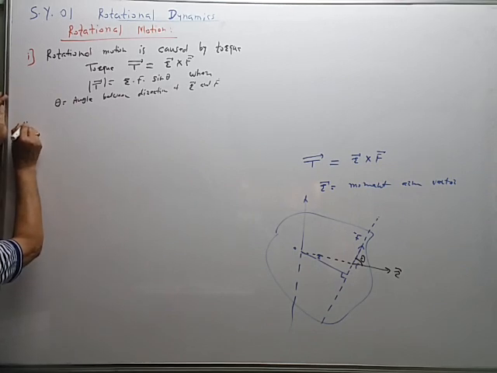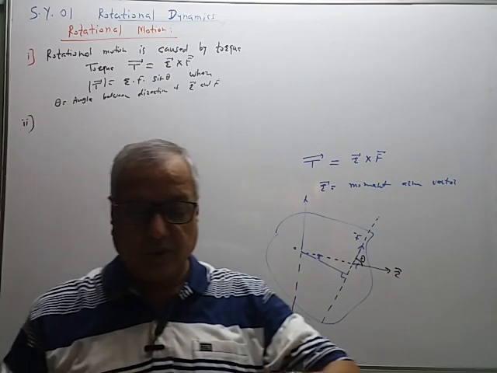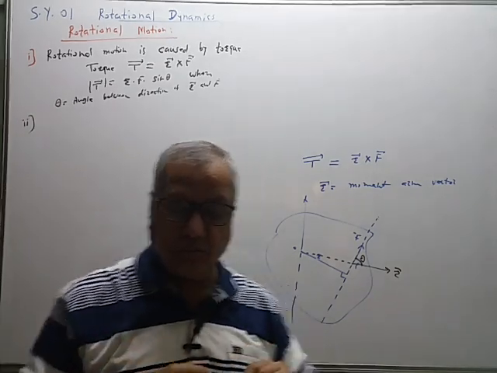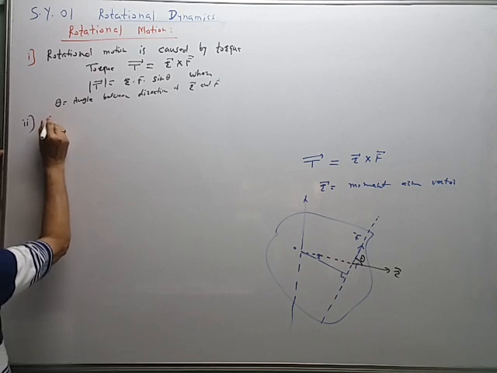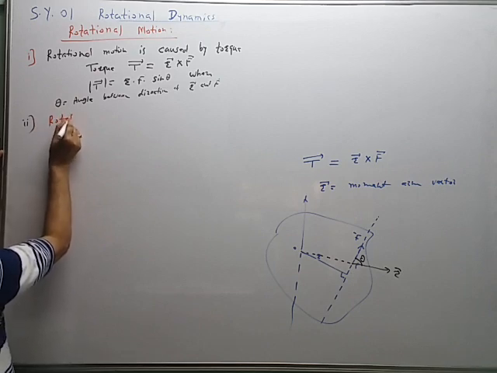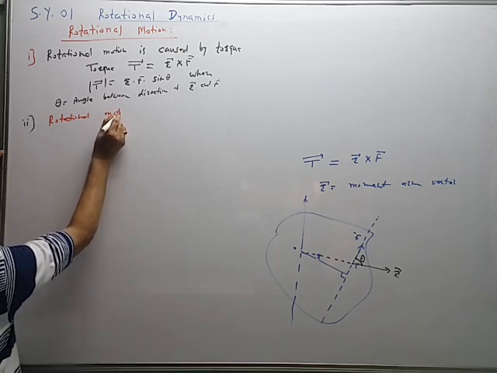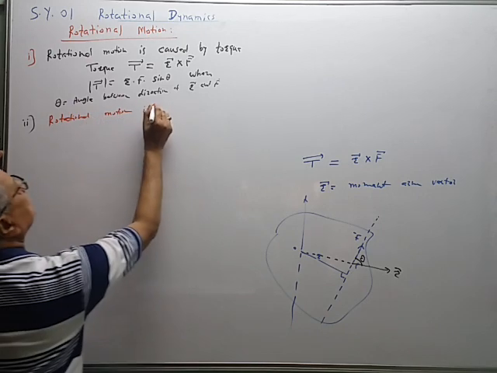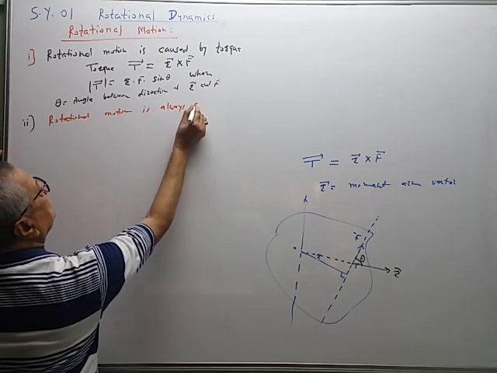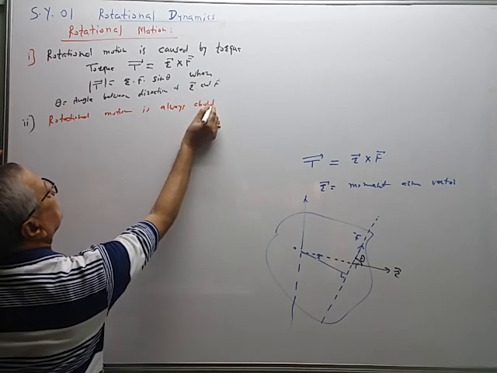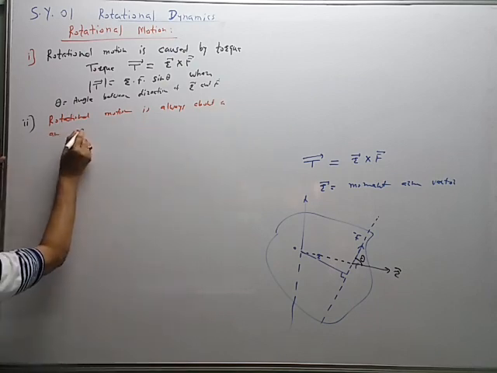Second point. Rotational motion is always about an axis of rotation.